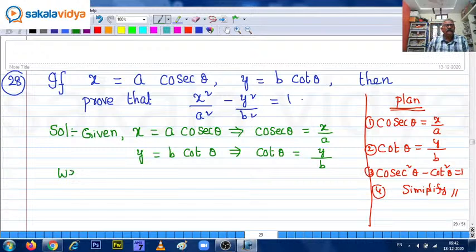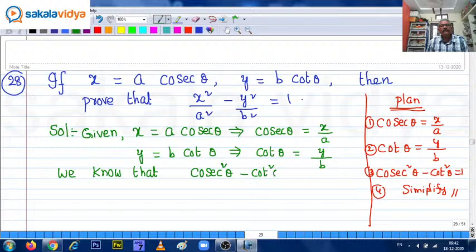We know that cosec square theta minus cot square theta equals to 1. In the place of cosec theta, we write x upon a whole square, minus in the place of cot theta y upon b, but cot square theta is there, y upon b whole square equals to 1.